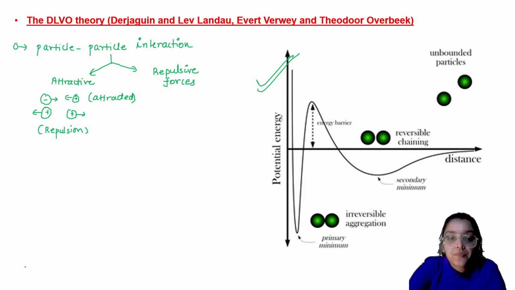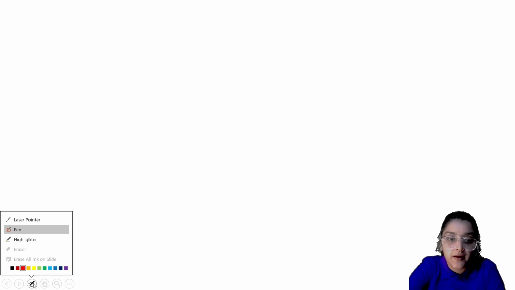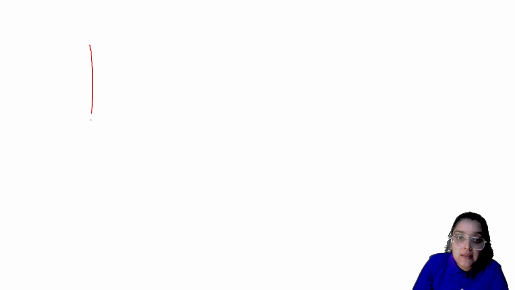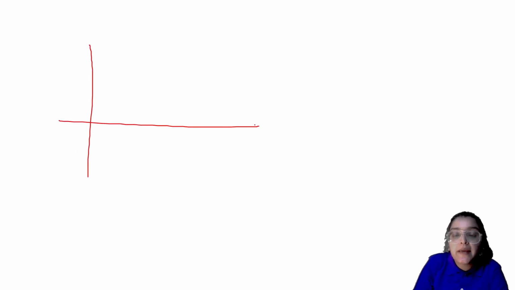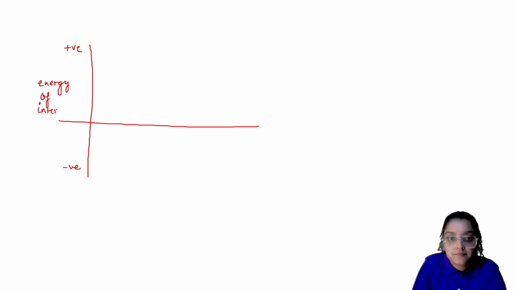Now, as in the diagram, I'll make the curve here again. This is a potential energy curve. Here the energy is positive, here it is negative. This is the potential energy, the energy of interaction. Okay students, this theory gives out a plot like this.